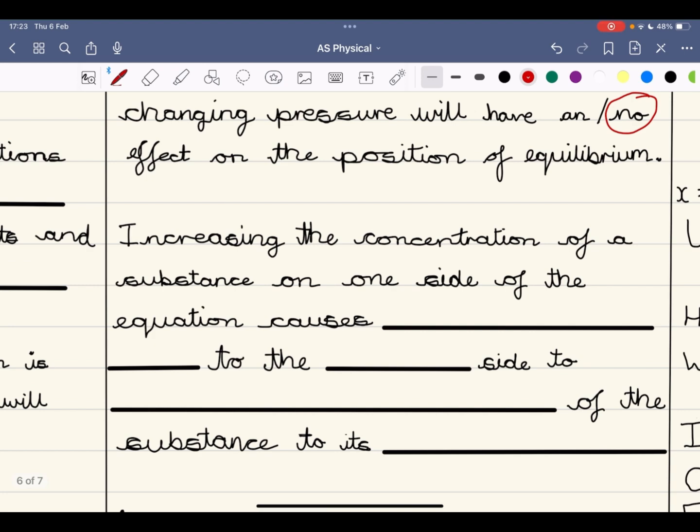Increasing the concentration of a substance on one side of the equation causes equilibrium to shift to the opposite side to decrease the concentration of the substance to its original concentration.